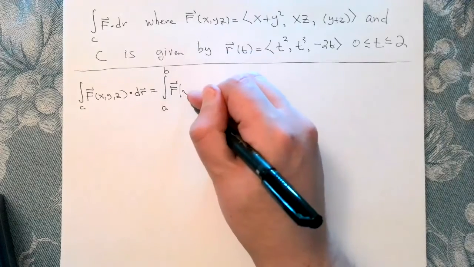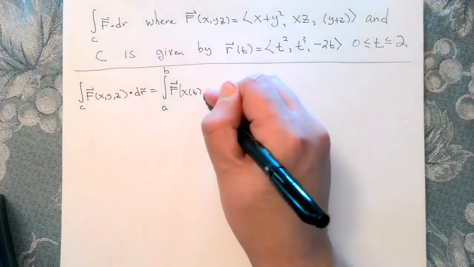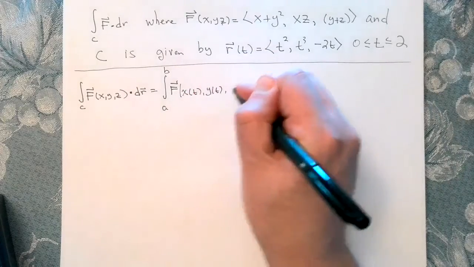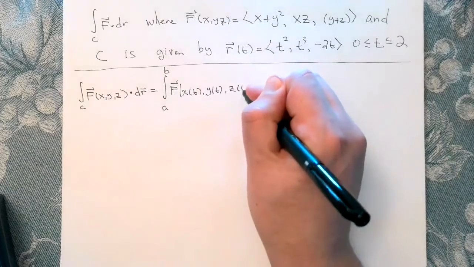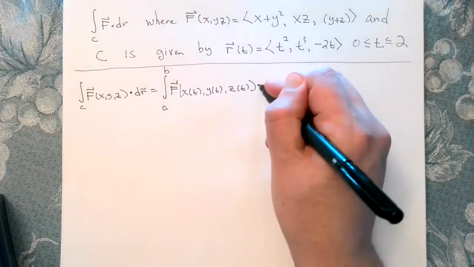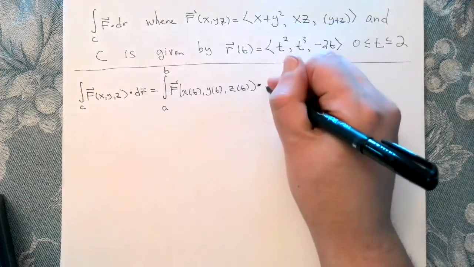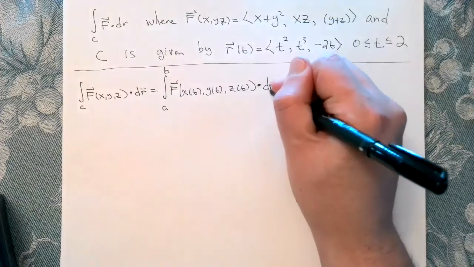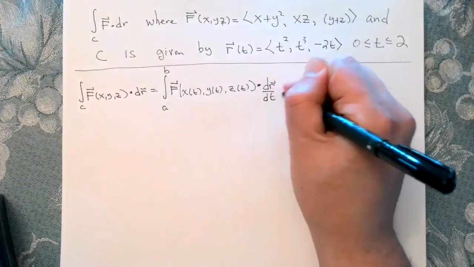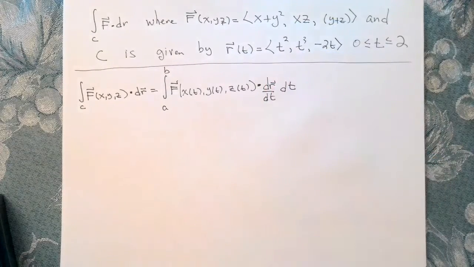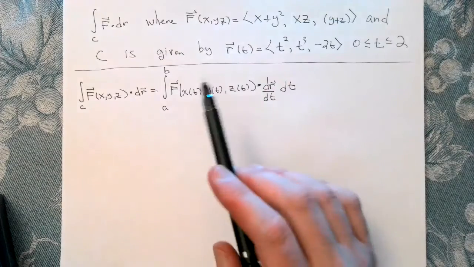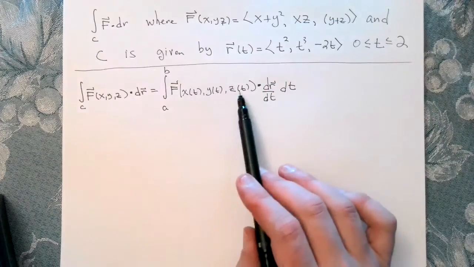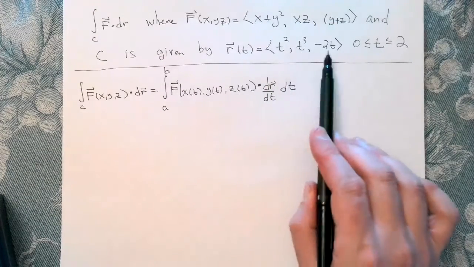So this will be f of x of t, y of t, z of t, dot, well, dr, we're going to think about that as dr dt, dt. Okay, so what do we mean by x of t, y of t, z of t? Those are given by the vector function.